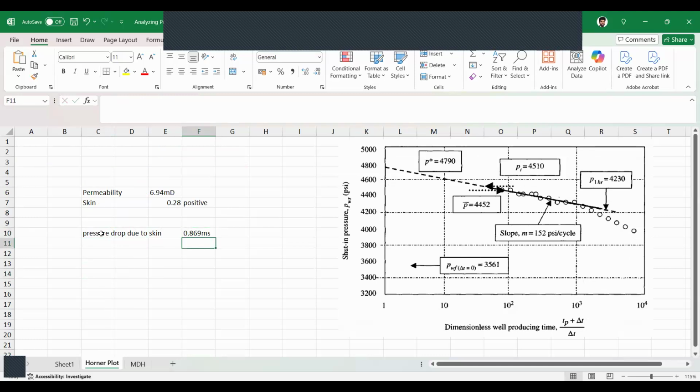So if I try to understand what my delta P is, it will be 0.869 times m, which is 152 psi per cycle, times s, which is 0.28. So due to skin effect in the near wellbore region, I'm getting a drop of around 37 psi in the near wellbore region, up to where the damage exists. This is an additional pressure drop in the drawdown. That is quite important.